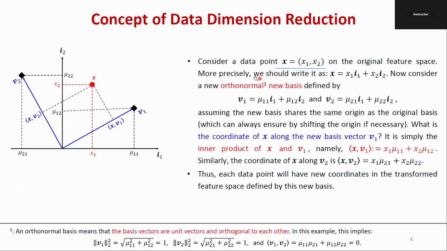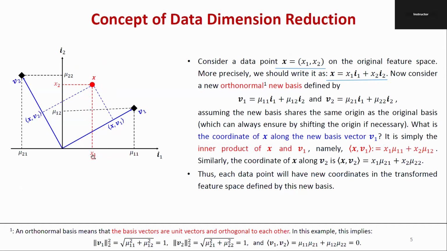I write it in this way: the vector x equals x1 times I1 plus x2 times I2, where I1 and I2 are the orthonormal basis, and x1, x2 are just the coordinates.